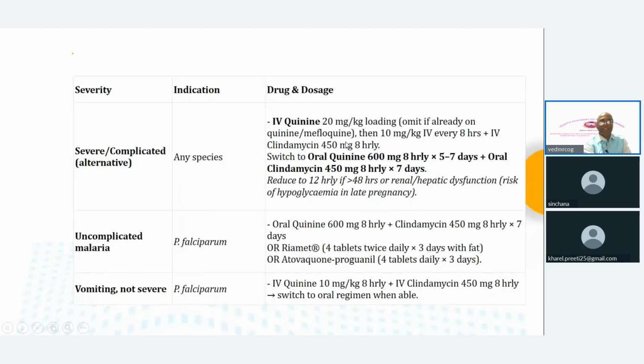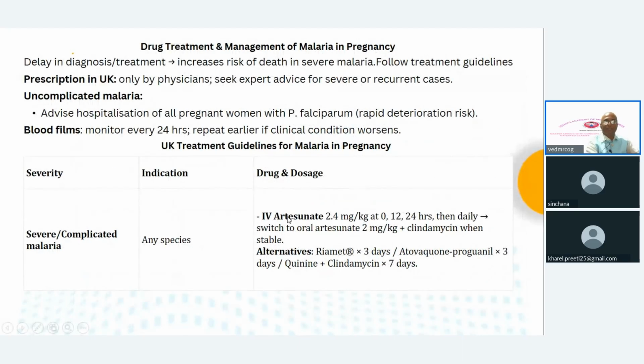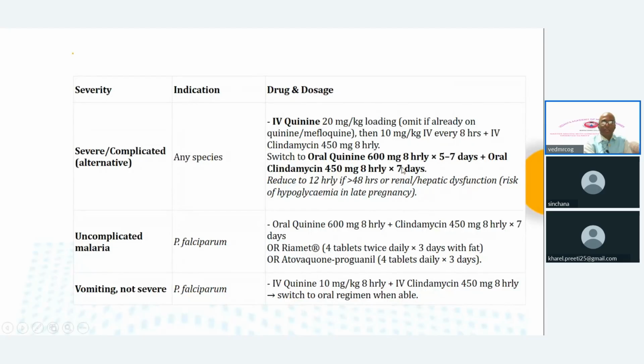If it is not available, go for quinine 20 milligram per kg loading dose followed by 10 milligram per kg 8 hourly along with clindamycin. Artesunate is followed by clindamycin plus artesunate orally, but if this is not available, then go for quinine plus clindamycin, followed by oral quinine and oral clindamycin. These doses you may or may not be asked, but at least remember the drug of choice.